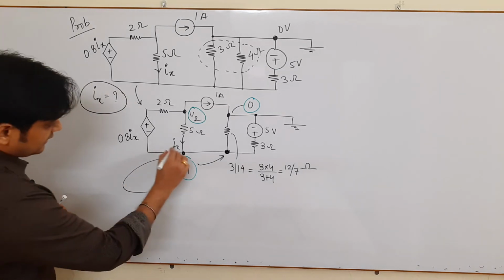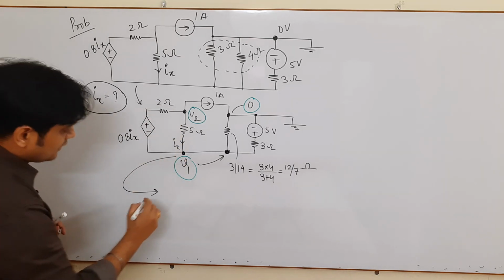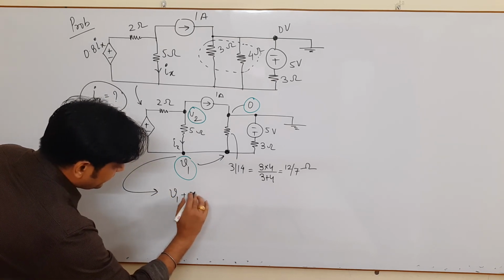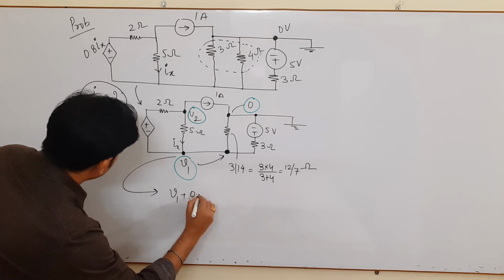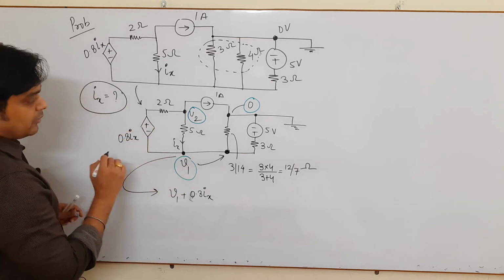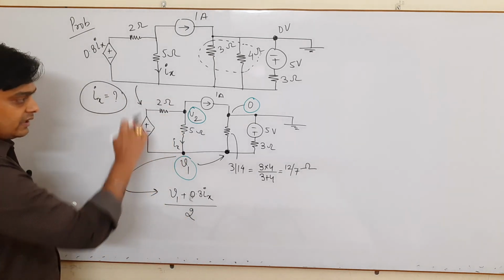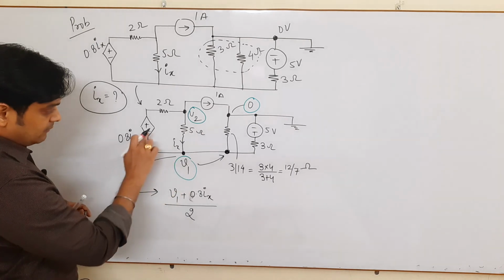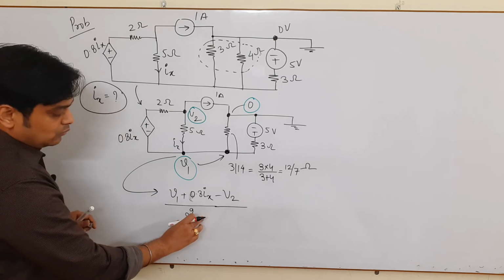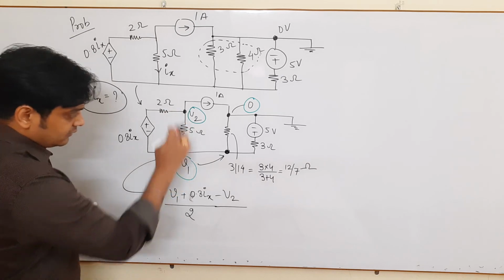For the current which is flowing here, I can say it is V1 plus 0.8 Ix minus V2, divided by 2, is the current which is flowing here.